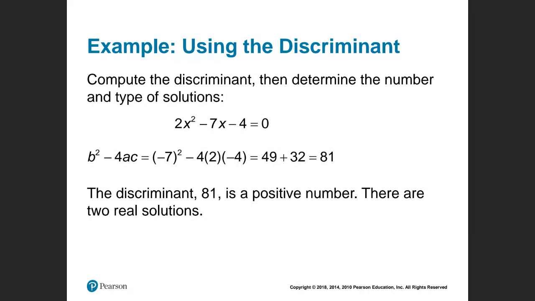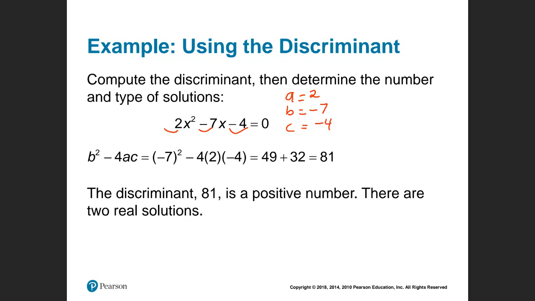Compute the discriminant, then determine the number and type of solutions. Okay, remember we need b, a, and c. So again, a equals what? a equals 2, b equals negative 7, c equals negative 4.